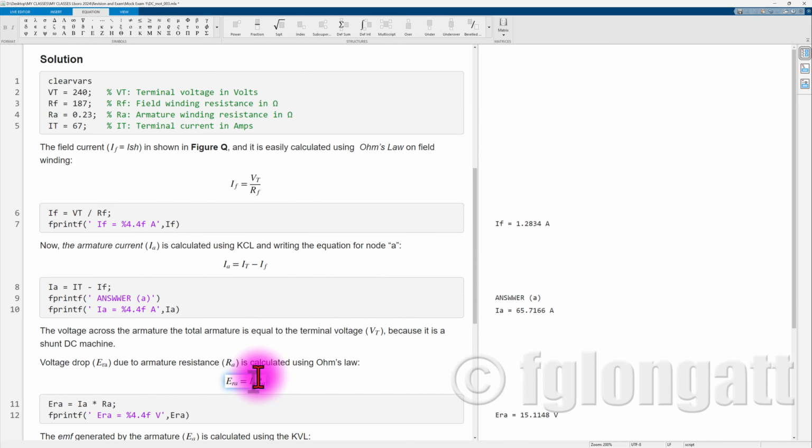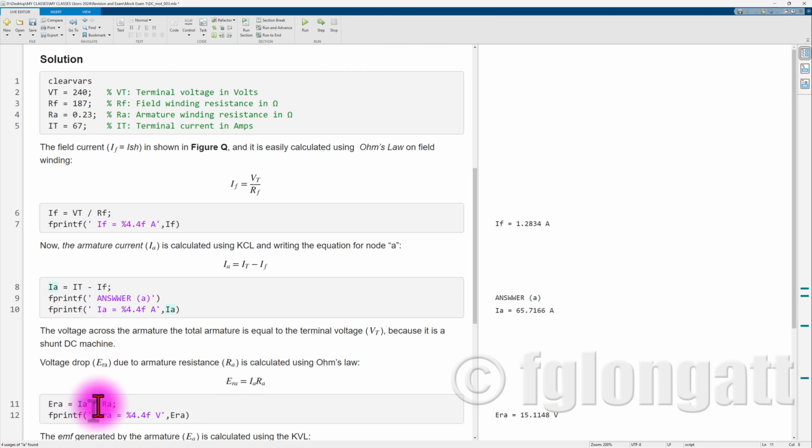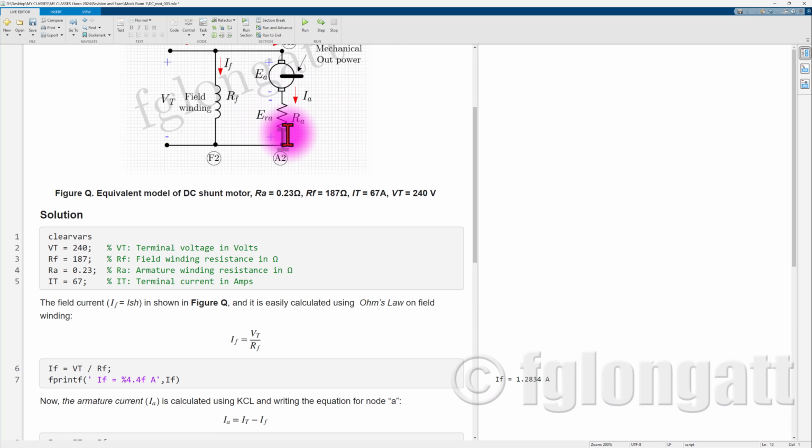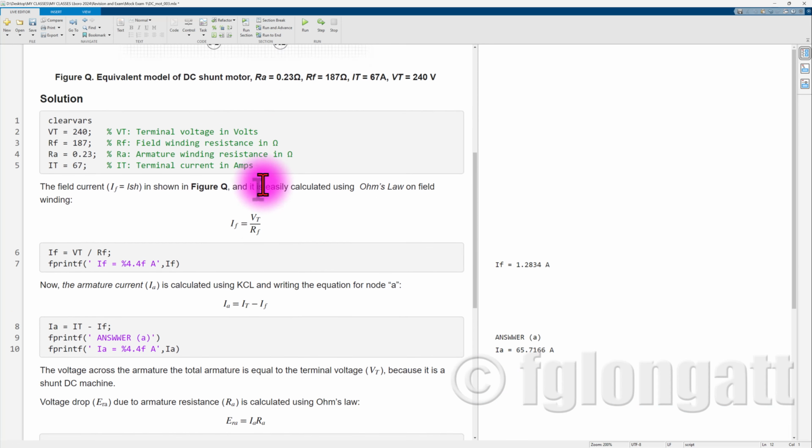The voltage drop across the armature will be the armature current that we already calculated, 65.7 amps, times the armature resistance, 0.23 ohms. A very small quantity of voltage is dropped across the resistor, about 15.1 volts.